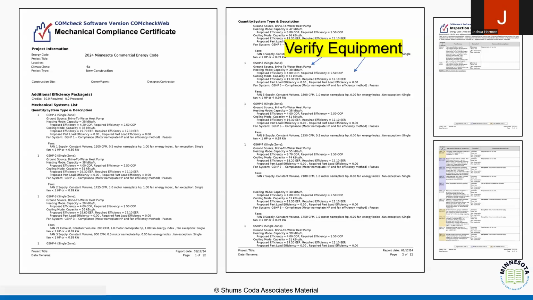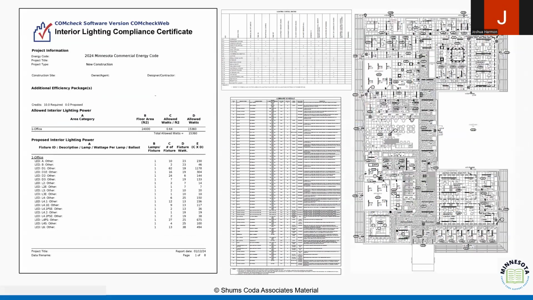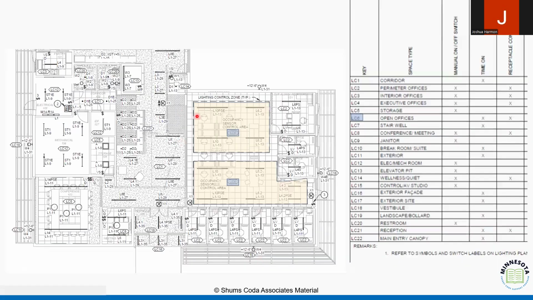Again, we're looking at the mechanical systems and the lighting, here the lighting requirements for this school unit. We've got all the items identified, all the fixtures. We'll talk more about interior lighting soon, but we see identified all of our lighting control zones, our daylighting control zones.